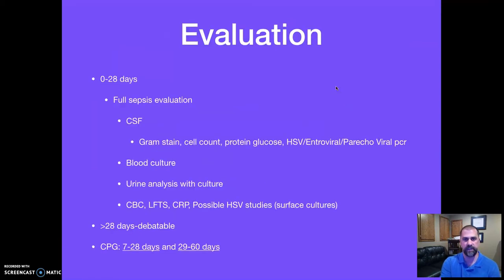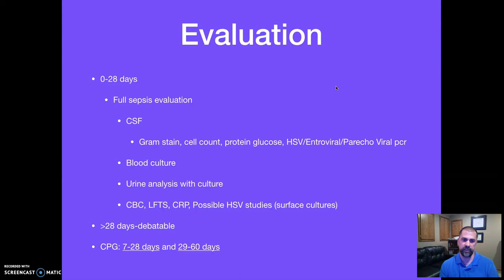Evaluation. So this, in past years, has been fairly concrete, but now we're seeing more pathways that we can go down and explore, so we'll go over those. Typically for children in the 0 to 28 day range, you will see most physicians right now do a full sepsis evaluation, so that means getting a spinal tap and testing the spinal fluid with a gram stain, protein, glucose, cell count, culture, and then maybe some ancillary studies tacked onto the CSF, such as HSV, enteroviral, and parechovirus PCRs.